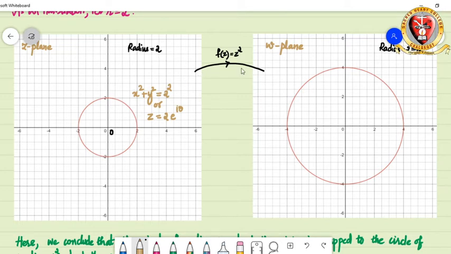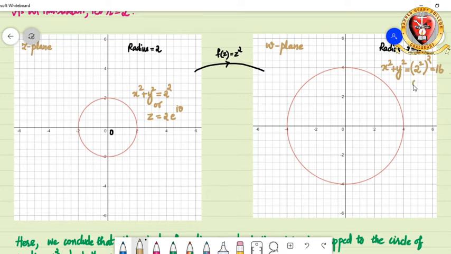And then we apply the function f of z is equal to z square on the set of all the points on the circle. Okay, and we are going to map the image in the w plane. So when we map the image, what we get is x square plus y square is equal to 2 square the whole square, or that is equal to 16.